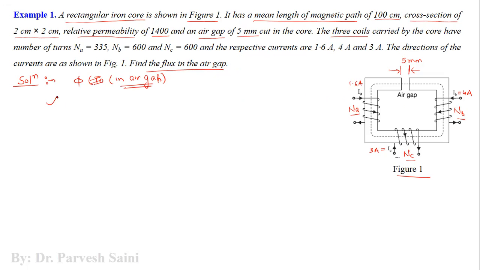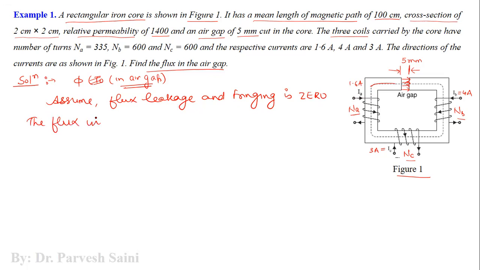So, we will assume that flux leakage and fringing is zero. That means there is no leakage of the flux, there is no fringing. So this means that whatever flux is associated with this iron path, the same flux is associated with the air gap also, right?